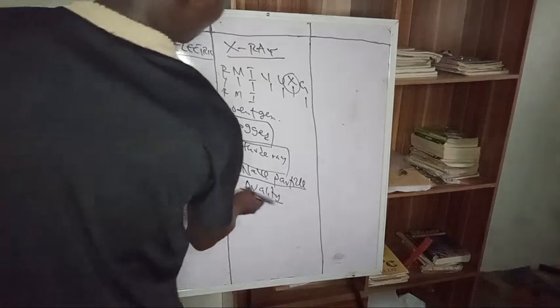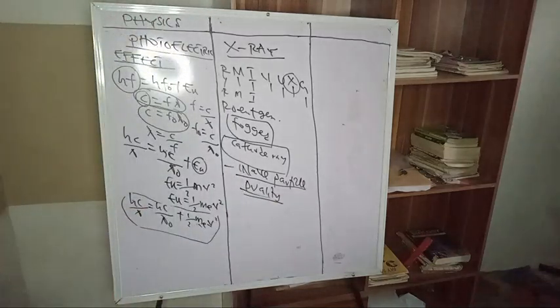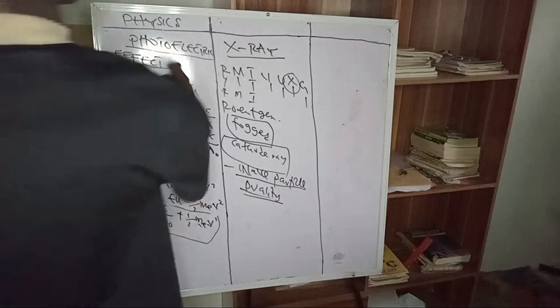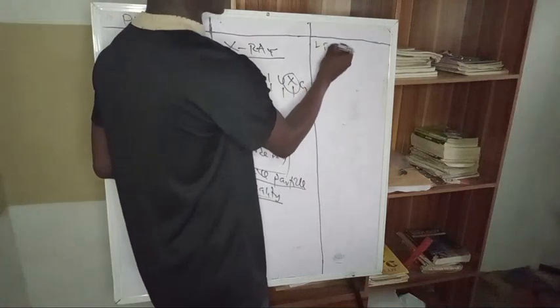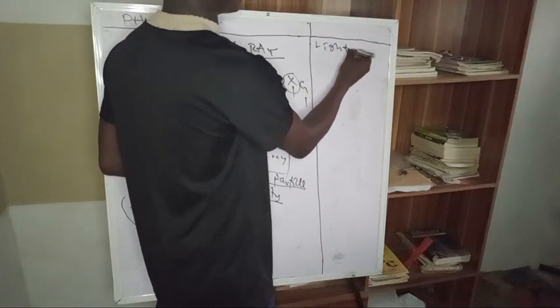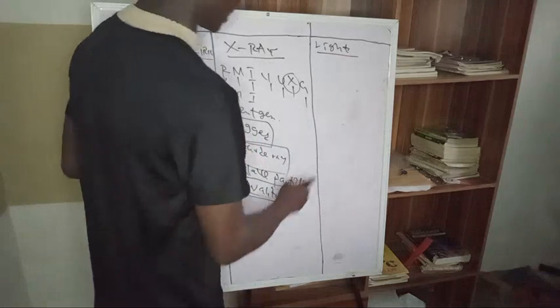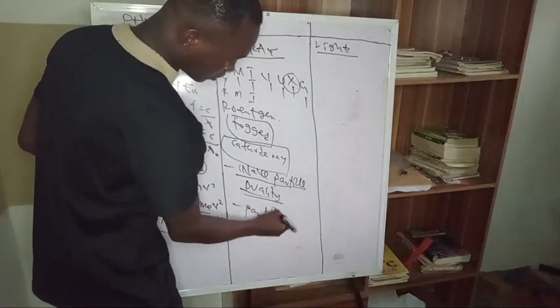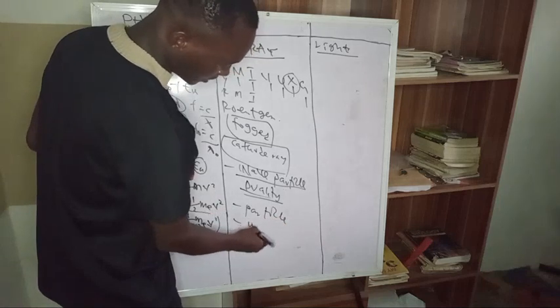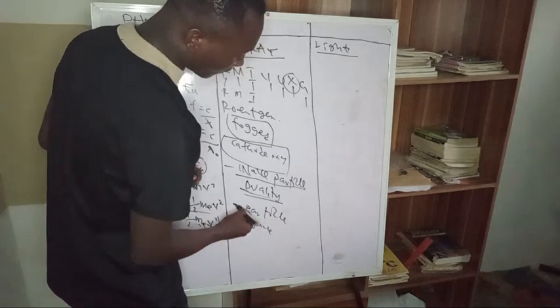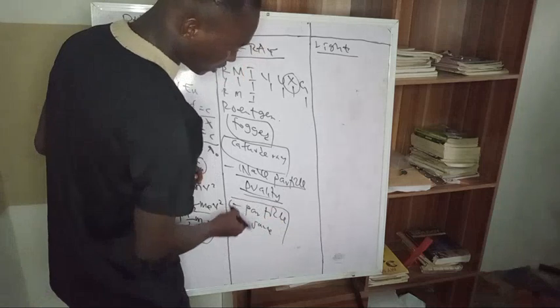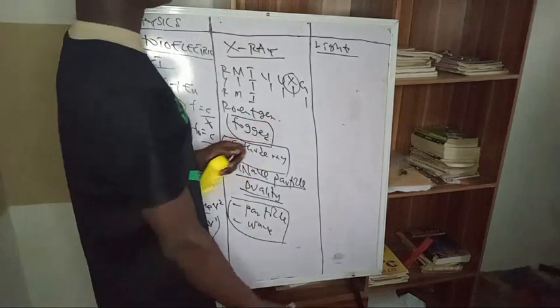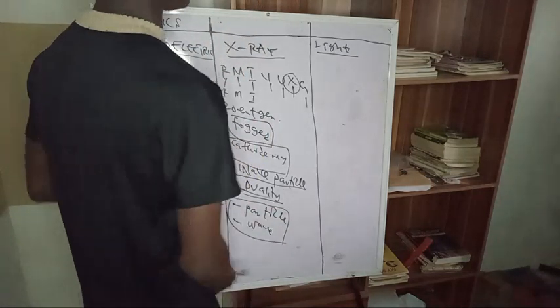Light can behave as two different things. Number one, light can behave as a particle, and number two, light can also behave as a wave. The study of light as a particle and as a wave is what we call the duality of light, or wave particle duality.